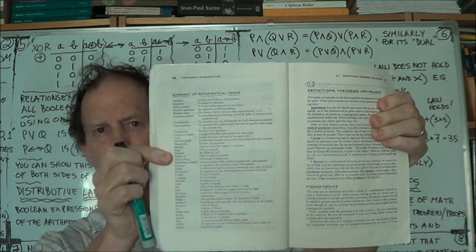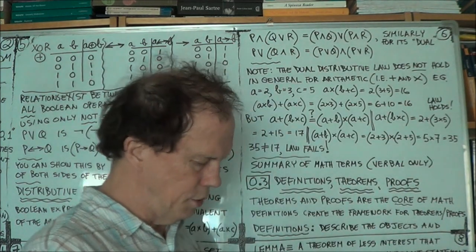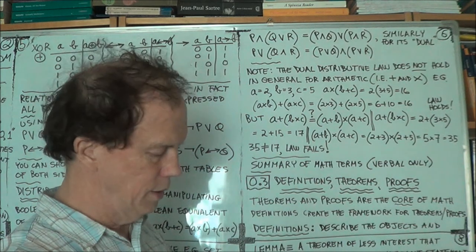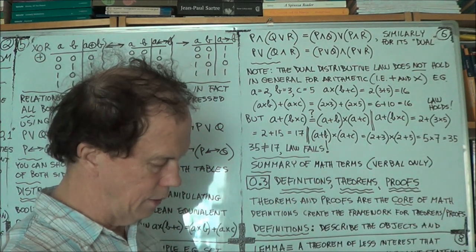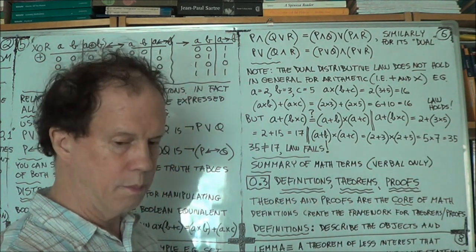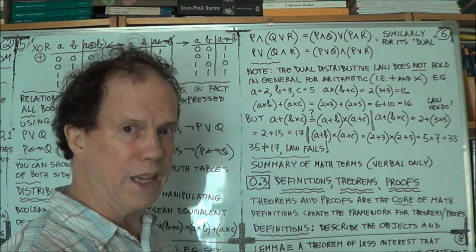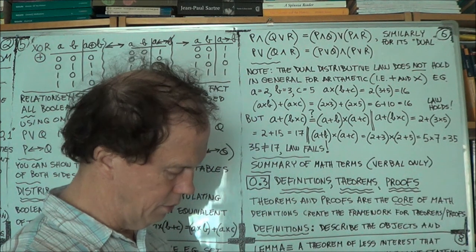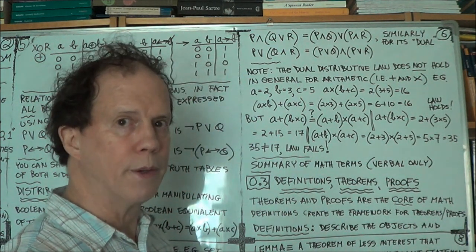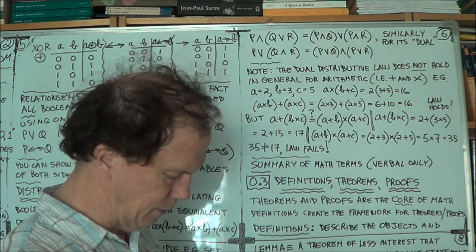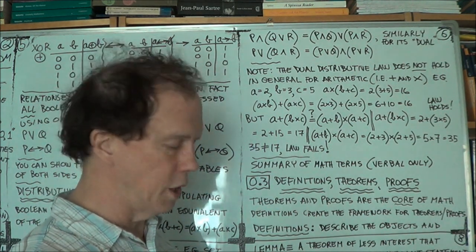What you see there is a whole list of technical terms. On the left is a column of the technical terms, the labels, the names if you like, and on the right column are the corresponding definitions. I'm not going to read out the whole thing. If you've got the textbook, check them for yourselves.